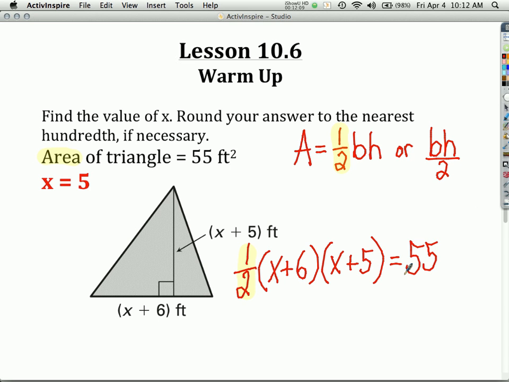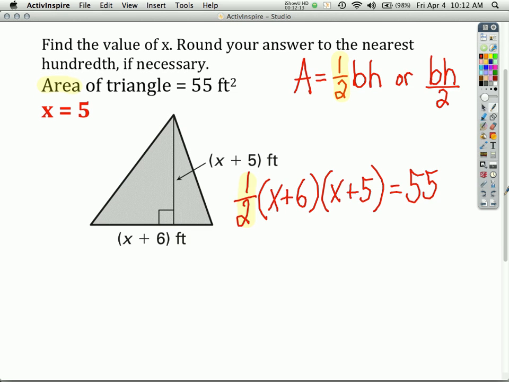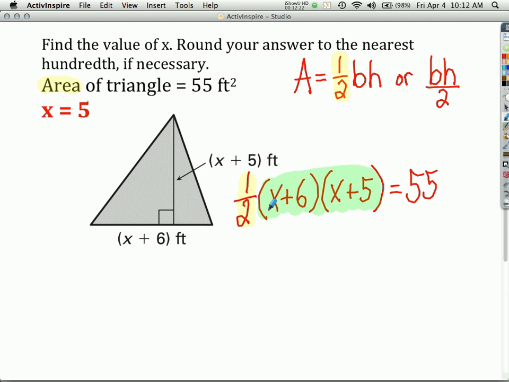Many of you went a step further. I even saw some people wrote down on their paper how to do this. So let's forget about the 1/2 for a second, and let's just focus on this. How can I simplify that right there? What method can we use? Extol? FOIL.